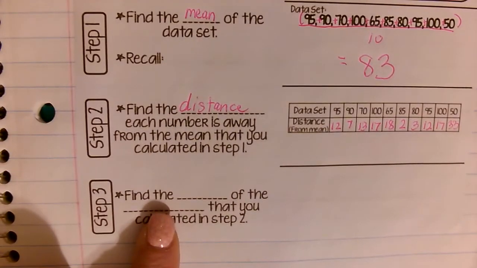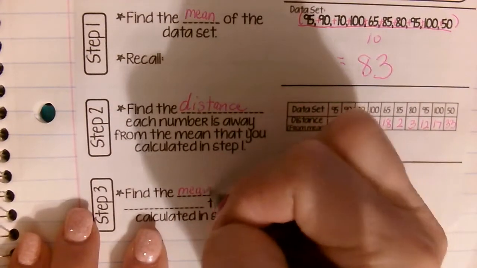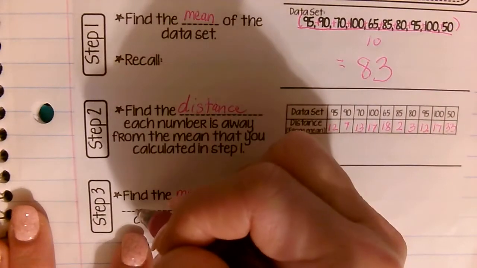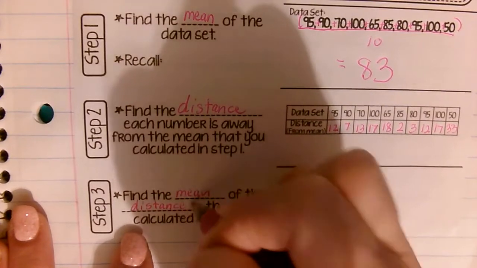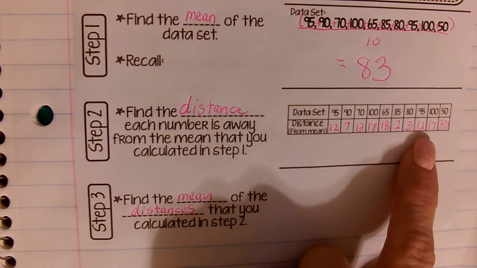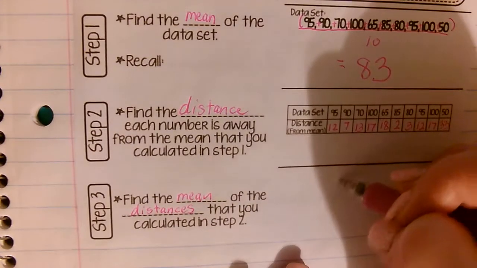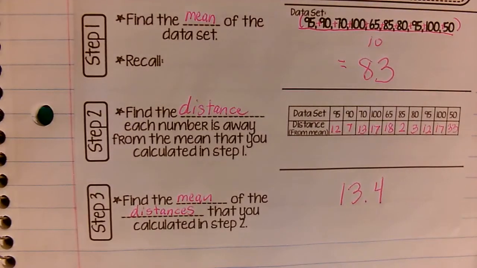Find the mean of the distances that you calculated in step 2. And when you add all these up, and then you divide by 10 again, because there's 10 of them, you get 13.4. And that's your MAD, mean absolute deviation.